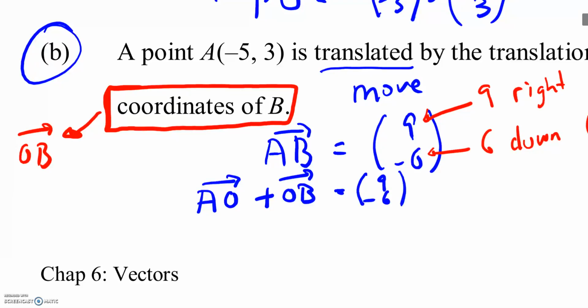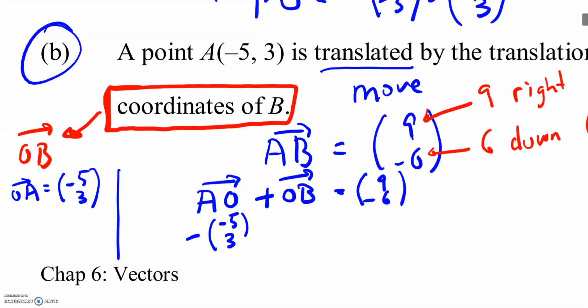And what is AO? So maybe you want to write down OA is (-5, 3). Do you follow? So negative of this will be (5, -3), plus OB equals (9, -6).